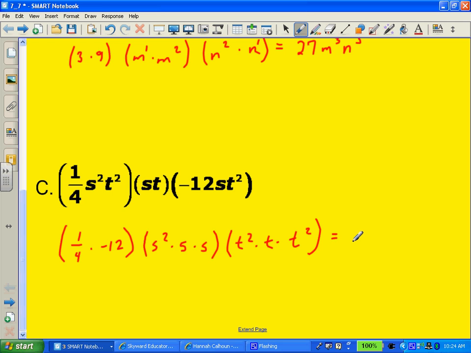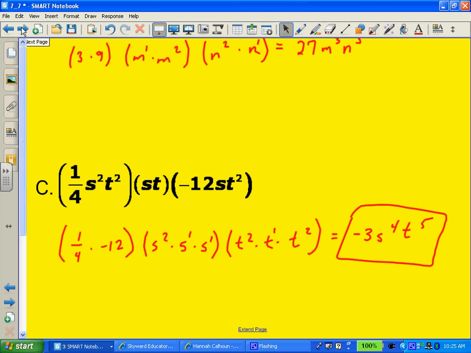So 1/4 times negative 12 is negative 3. s squared times s to the first times s to the first is going to be s to the fourth. And then t squared times t to the first times t squared is going to be t to the fifth. Okay? So that's how we multiply monomials together. We just group the terms with like bases and go from there.